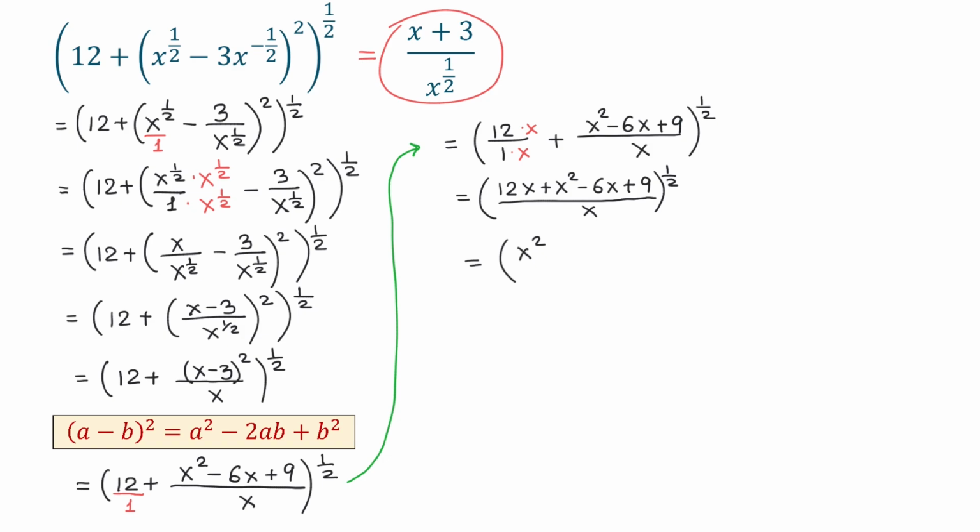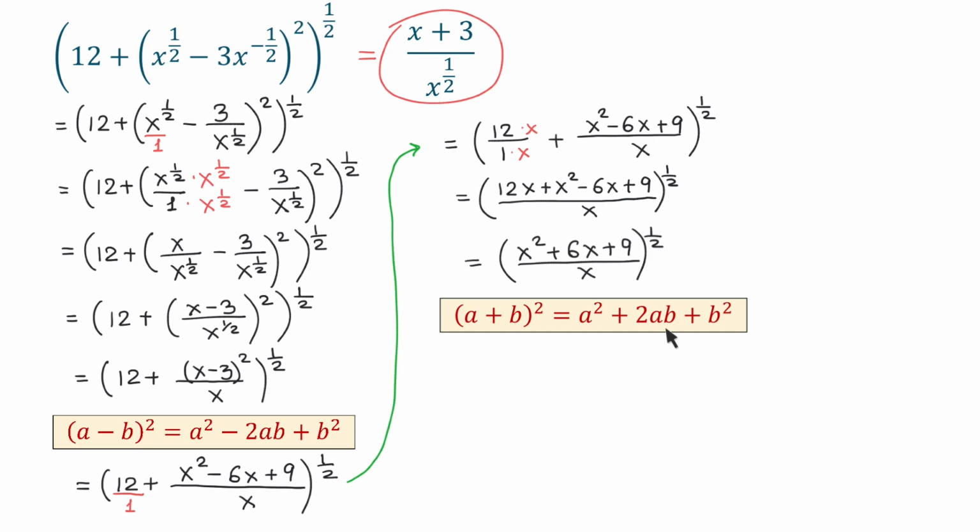Then 12x minus 6x is plus 6x plus 9 over x to the 1/2. And now what we have in the numerator is a perfect square trinomial. And according to this formula, we can write this trinomial as a square of a sum.